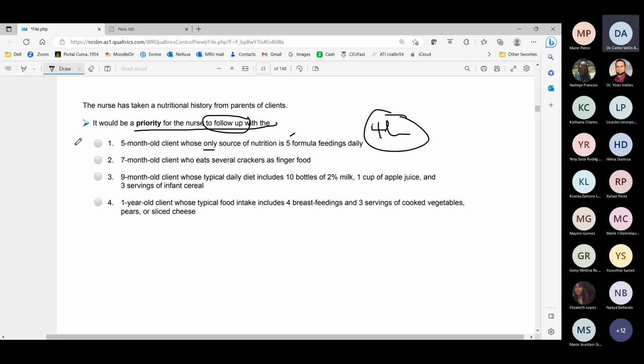So I don't think it is a problem. A 7-month-old client who eats several crackers as a finger food. At 7 months he'll be consuming solid food apart from the milk, and it's okay. Crackers are okay. So I don't see a problem here.